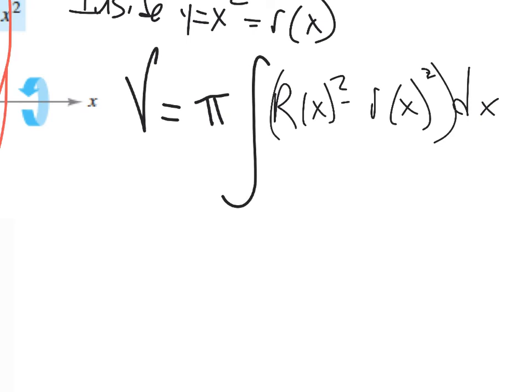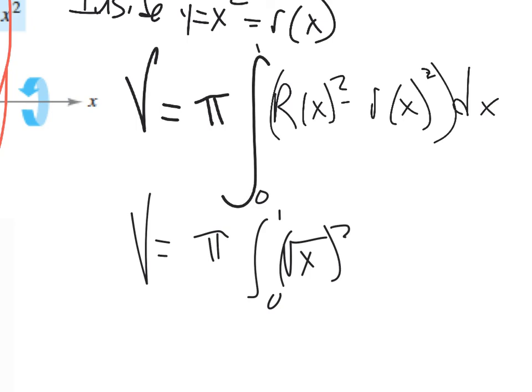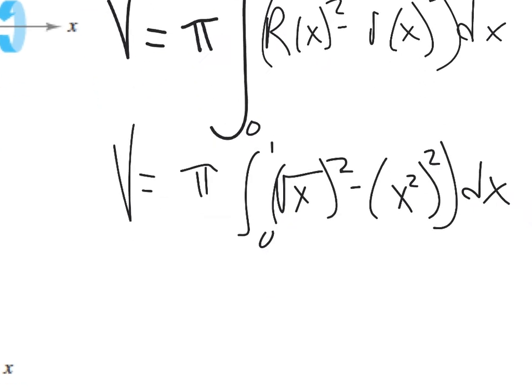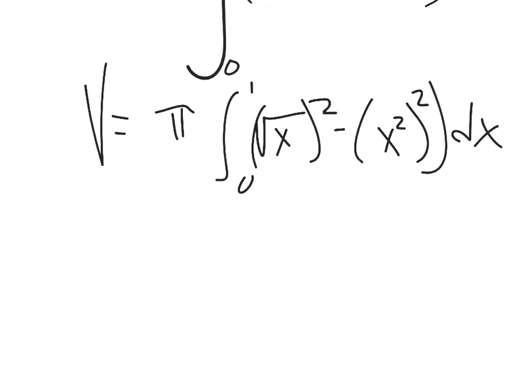Now let's plug in what we have so far. Pi times the integral going from 0 to 1. The big R squared was the outside, that's the square root of x squared, minus little r, which is x squared squared. So we're just putting the function in there is all I did. And so let's do some cleanup.